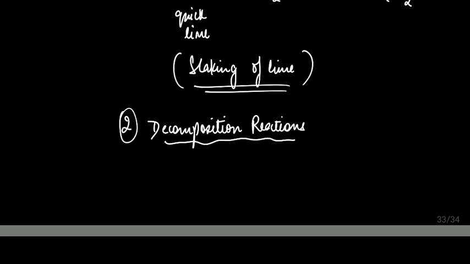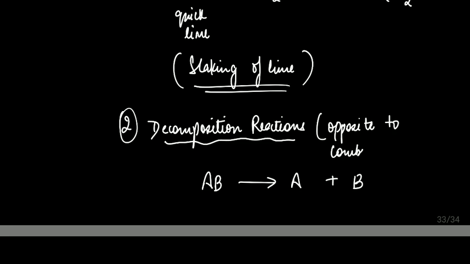So how can we define it? If we have any kind of compound or molecule, it's breaking up into its components. We can say this particular reaction is quite opposite to combination reactions.